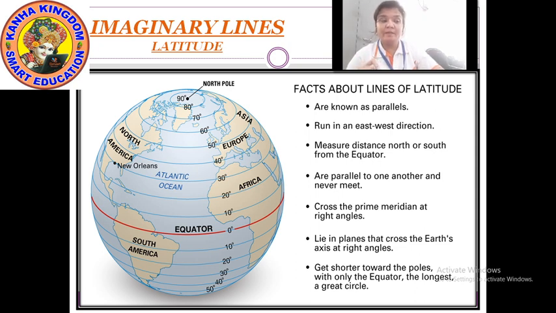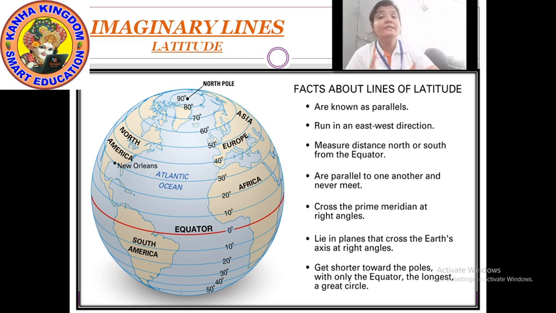The length of the latitude increases when we move away from the poles. If you start moving from the pole downwards, the length keeps on increasing. If it is a point on the pole, as you move down, it increases.